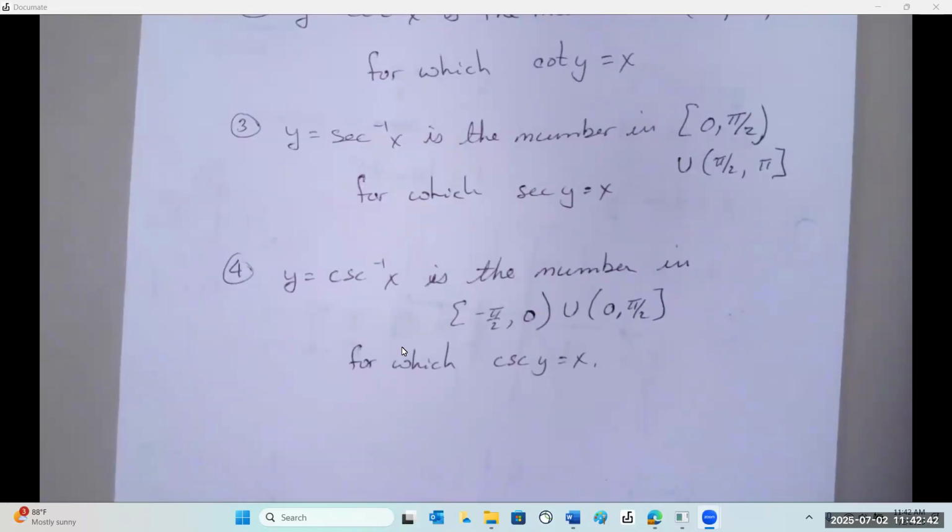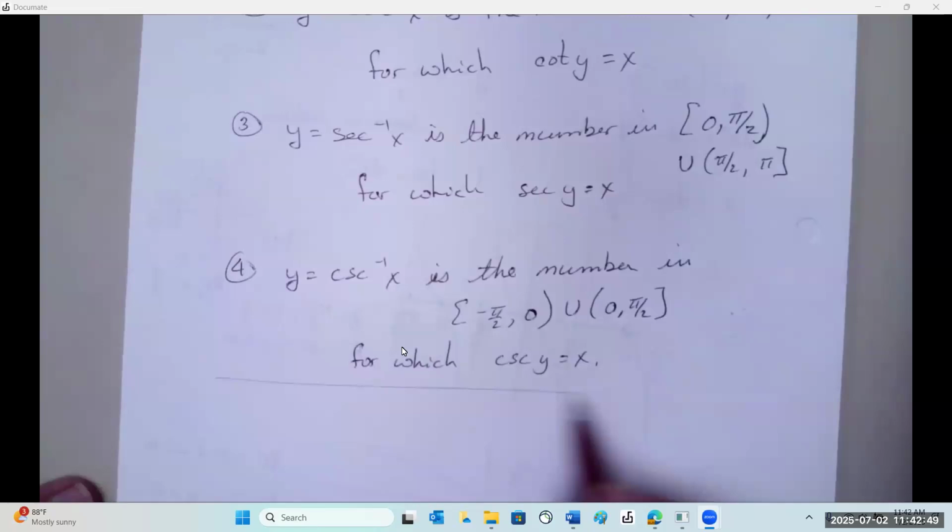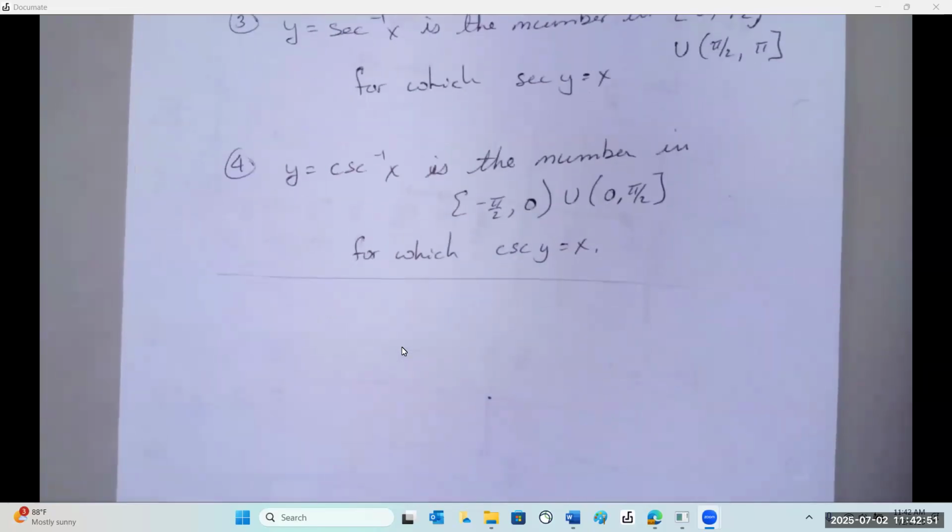There's an interesting notation when it comes into the graph or the discussion of inverse functions for the secant.